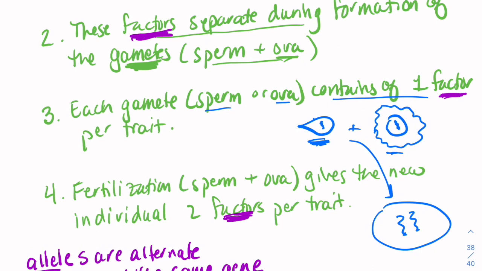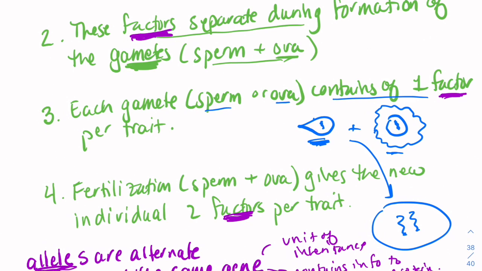Just to refresh our memories, a gene is the basic unit of inheritance, but it also is an area of DNA that contains information to build a protein. This is just review. So now I'm telling you, the same gene can have slightly different forms, and we call those alleles.